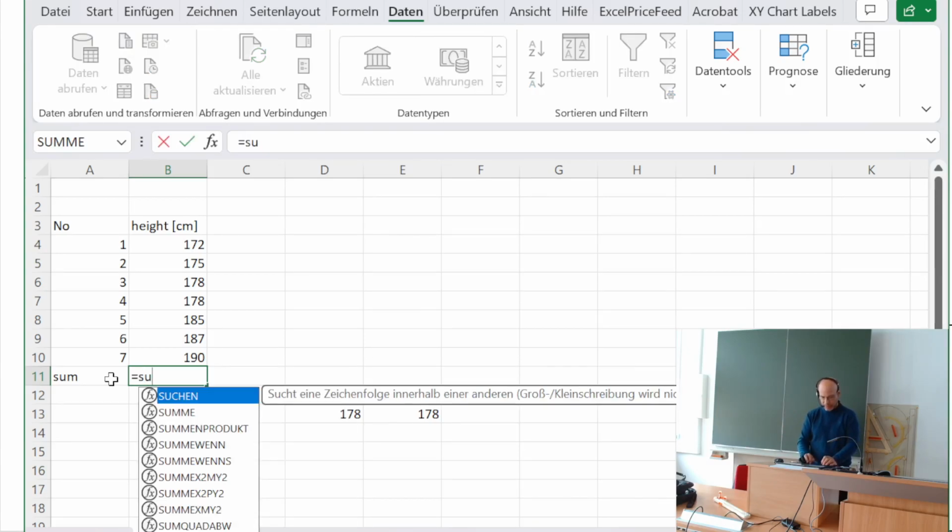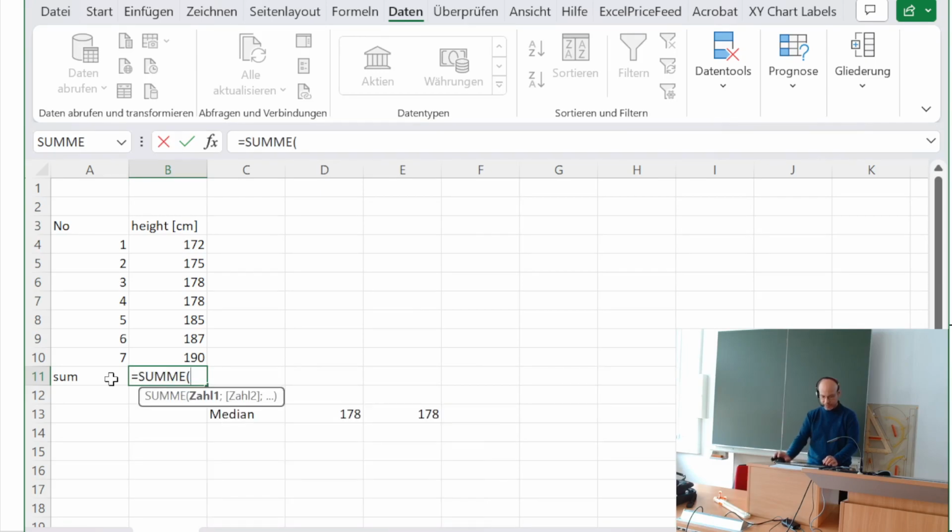So the formula is just the sum of these numbers, and then we divide 1265 by the count in order to get the arithmetic mean. What do we have to do now?